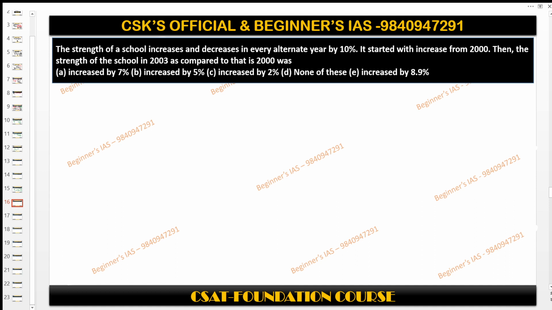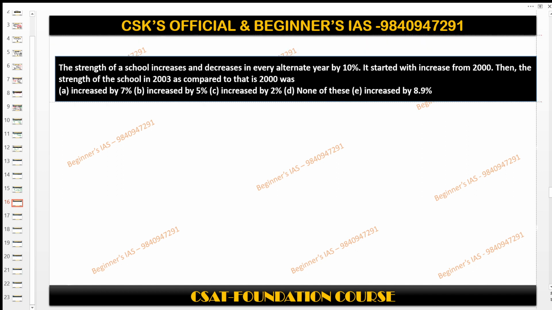So what is the strength of the school in 2000? The strength of the school increases and decreases in every alternative year by 10%. It started with the increase from 2000.